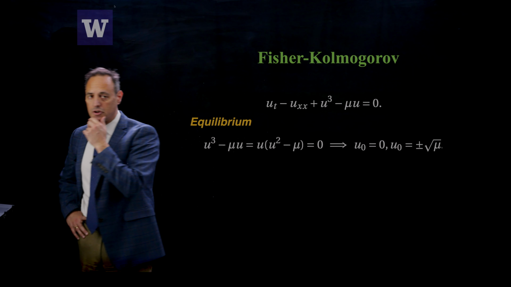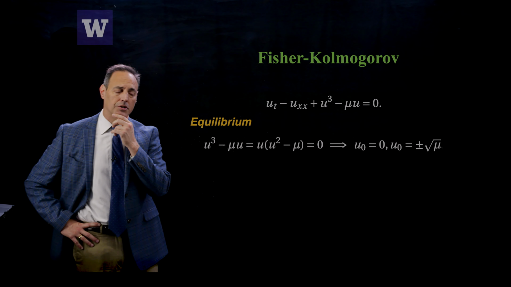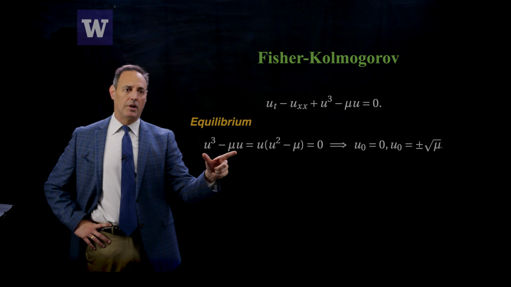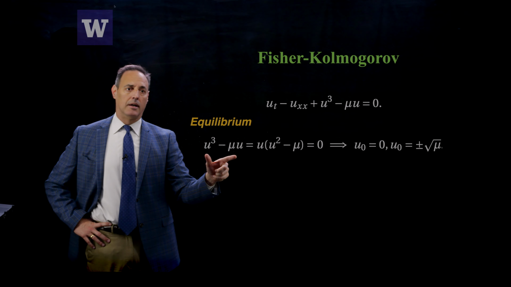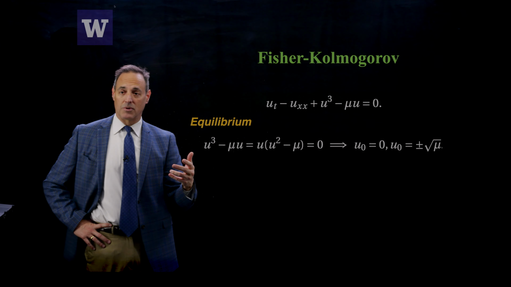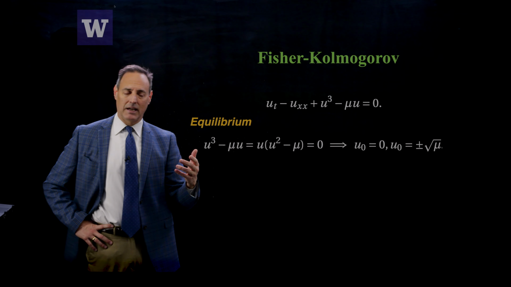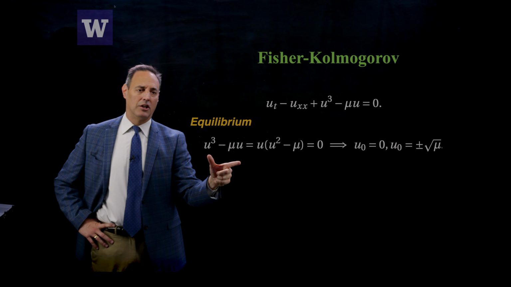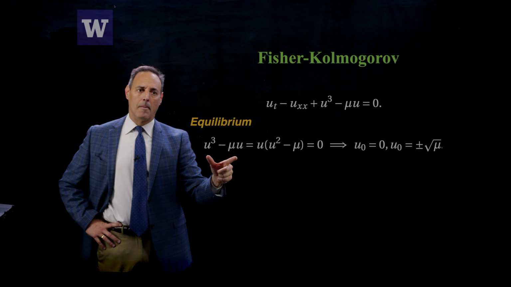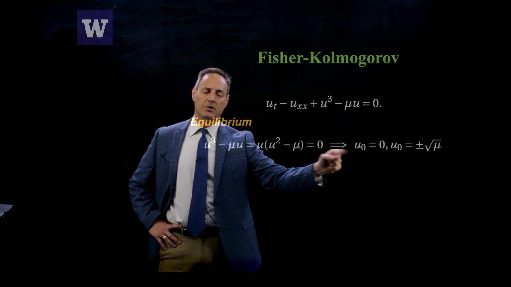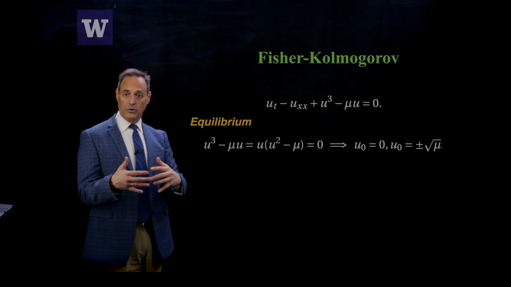So what you can do is first look at the equilibrium solutions, and that means set u_t equal to 0. And I'm also going to look at spatially homogeneous solutions, in other words, that are independent of x. So then that's going to drop out the u_t and u_xx. I'm just going to get u cubed minus mu u equal to 0. And then there are three solution branches. There's the trivial solution, u equals 0.